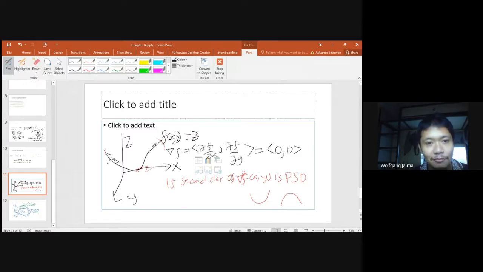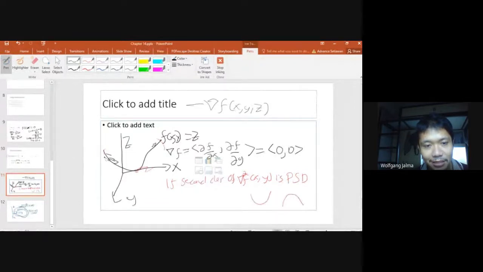Well, we know that gradient is elevation, so what we take is just minus gradient. We will guarantee that the value will go down. So for example, the gradient is negative there, so we took the minus one, we go to the right, and we will decrease the value. While here the gradient is positive, so we took the negative, it means to the left. So when we go to the left, it goes down.